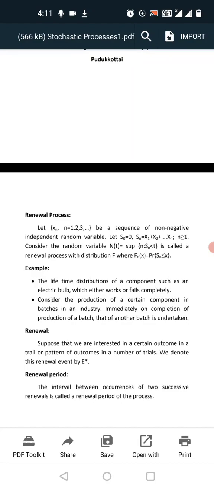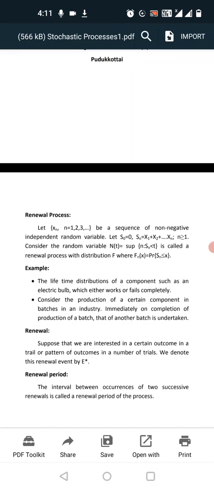Consider the random variable N(t) equal to the supremum of n where Sn is less than t, which is called the renewal process, with the distribution function F, where Fn(x) equals the probability of Sn less than or equal to x.